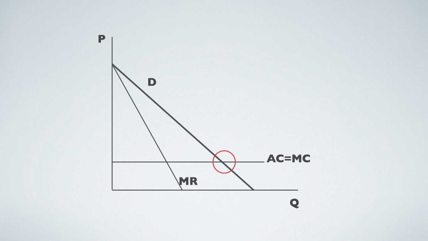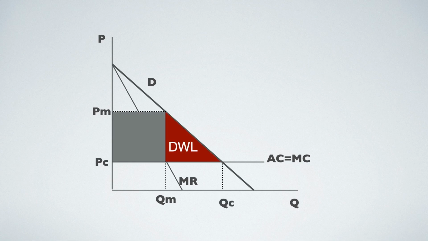Chamberlain and Robinson claimed that the competitive combination is derived from MC equal to D. Tulloch corrected this mistake. Any competitive firm must also operate under the same profit maximizing MR equal to MC rule. Then the combination for competition must also be PM, QM. This graph is completely invalid.